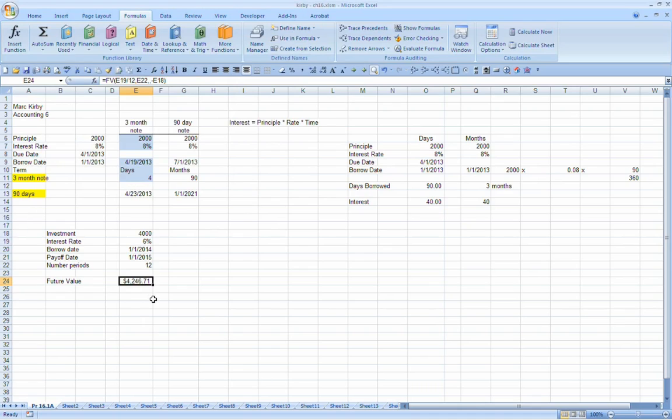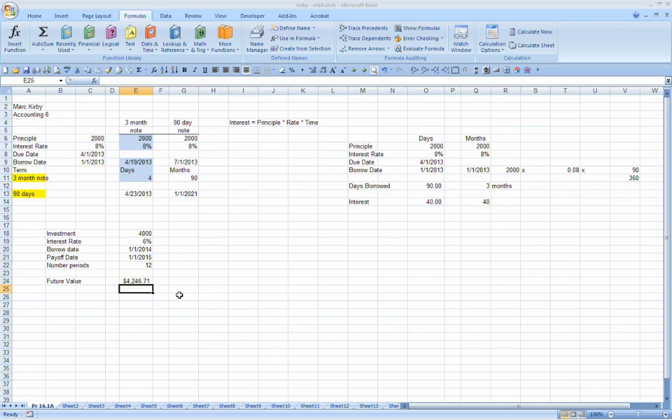Our future value would be $4,246. Okay, so we know our formula works at this point. If I hit F2, we can walk ourselves through the edit function, and notice Excel throws the helper up here: equals future value, the interest rate, E19 divided by 12, number of periods, E22, the payment, which is 0, notice it's stuck in here between these two commas, 0, present value, and it's cash flow out, so it's minus $4,000.